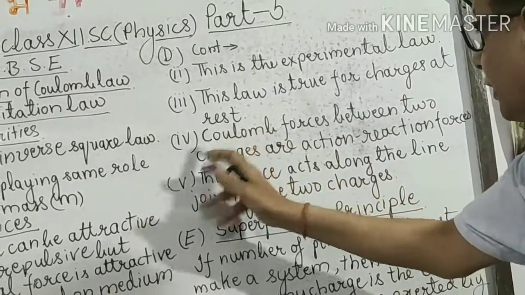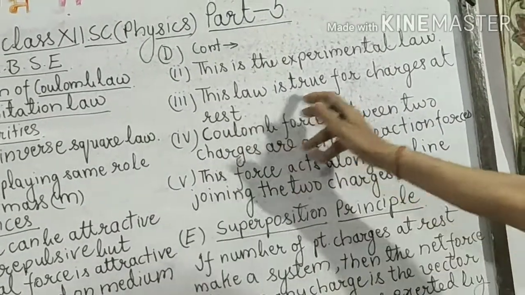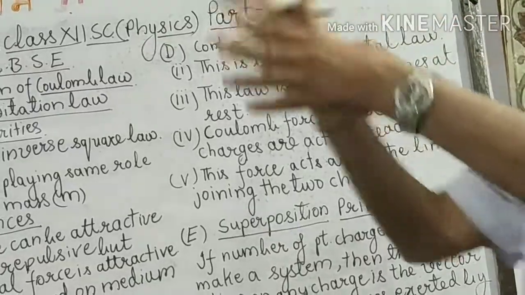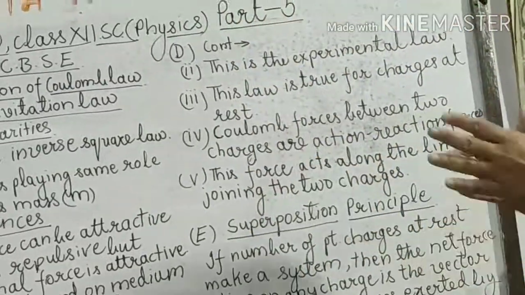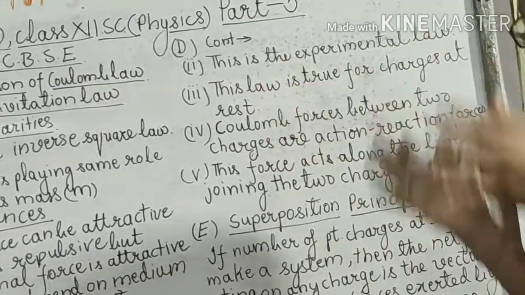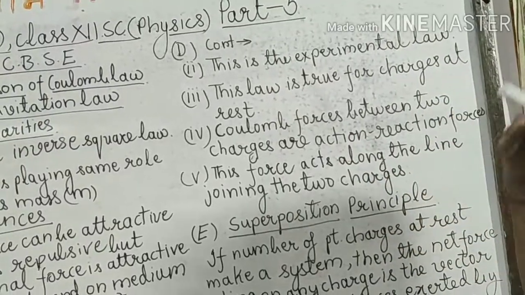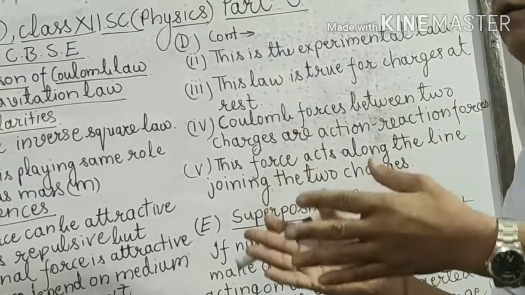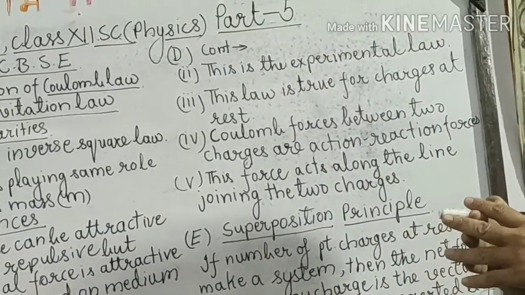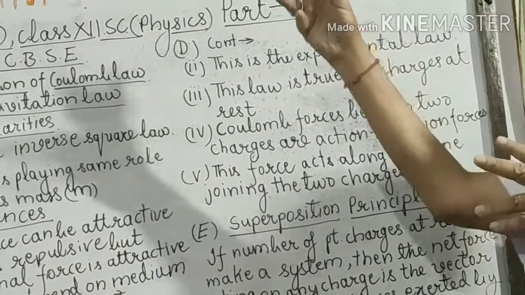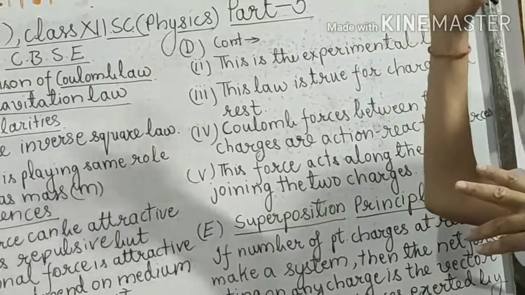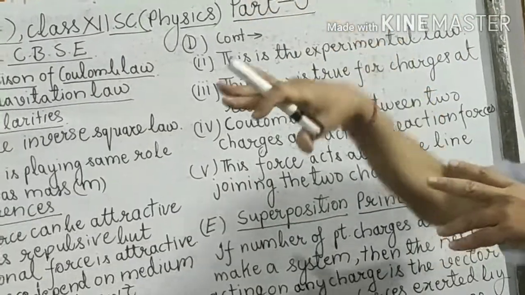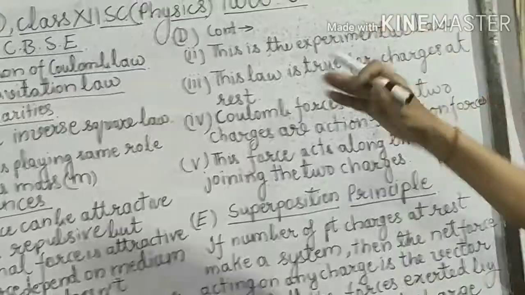If the charges are moving, as we will discuss later, if one charge is moving, then it will not only create an electric field, but also a magnetic field. So the interaction force will be electric force as well as magnetic force. In other chapters we will discuss this.